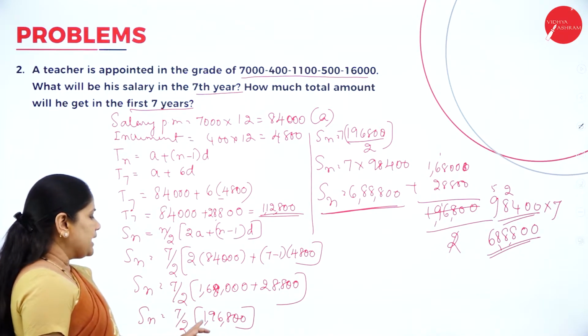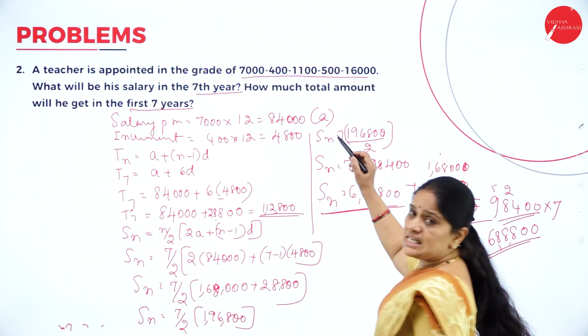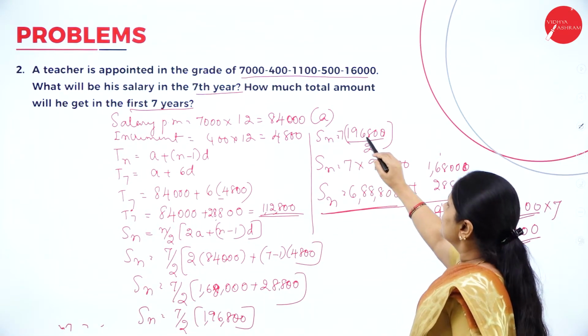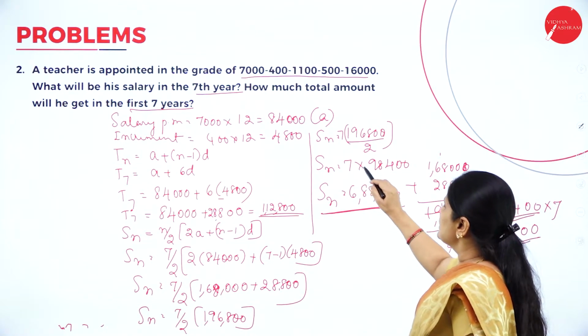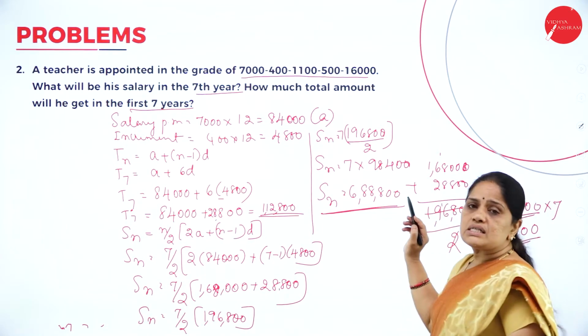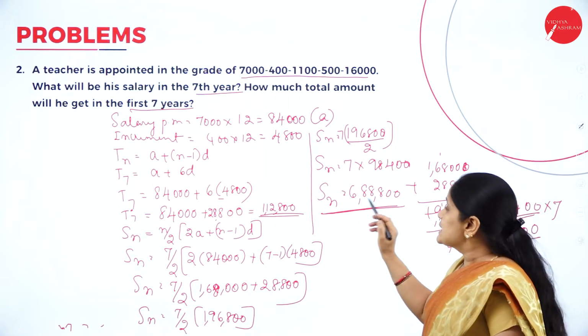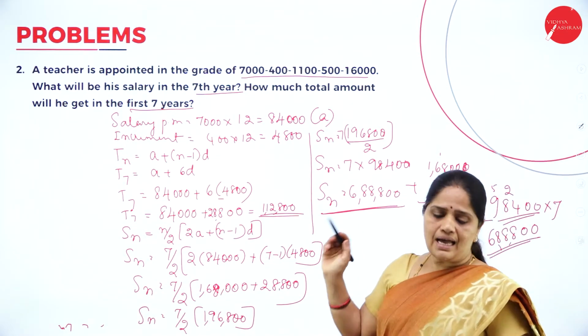Then 7 by 2 into 1,96,800. So Sn will be 7 into 1,96,800 by 2. So this comes up to 7 into 98,400, or he draws a total salary of 6,88,800. So this is the answer.